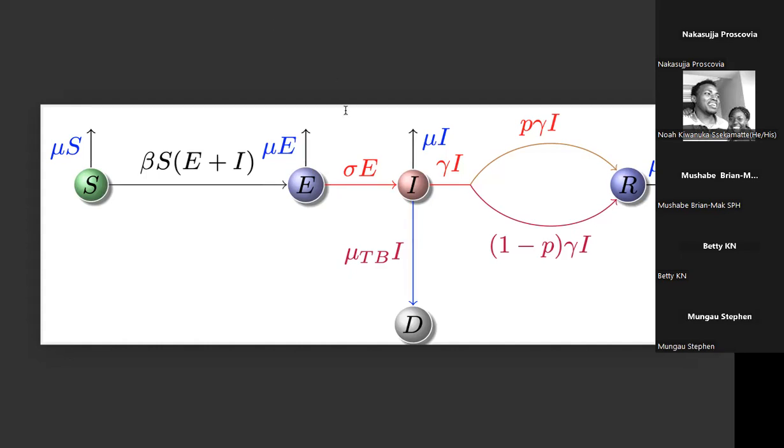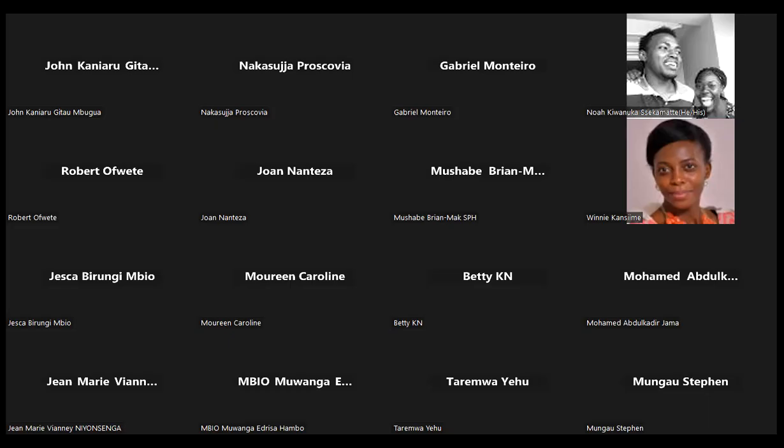Doctor, based on your explanation, I think we are also going to remove the D, because you said since it's not Ebola, perhaps the dead people are collected somewhere, and this is TB, maybe the D will also be removed. The D compartment. No, that's a suggestion, it's not from the group.